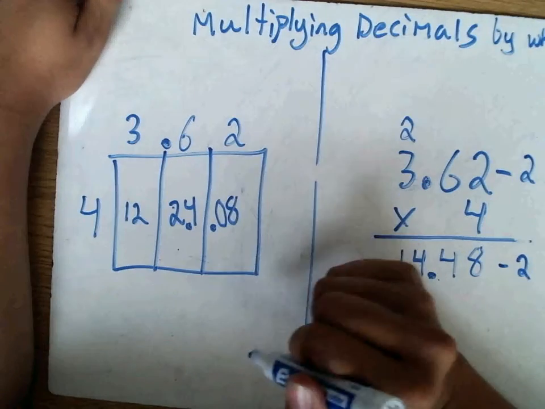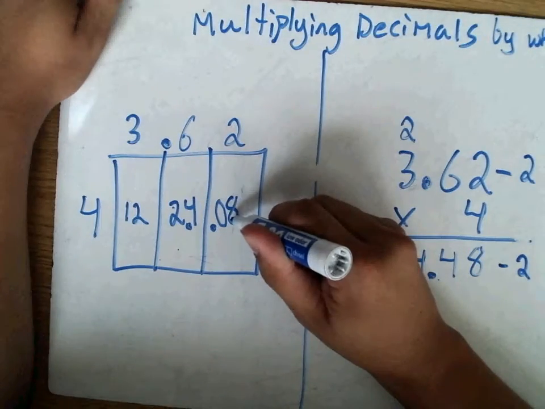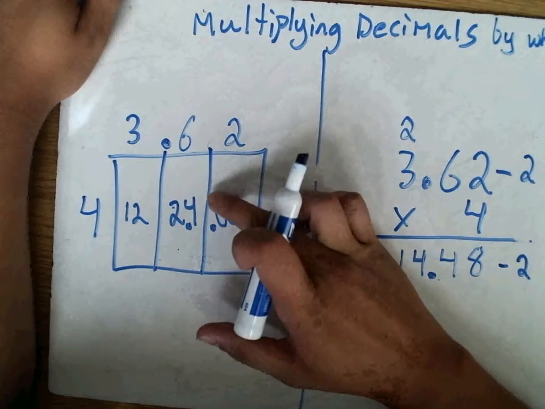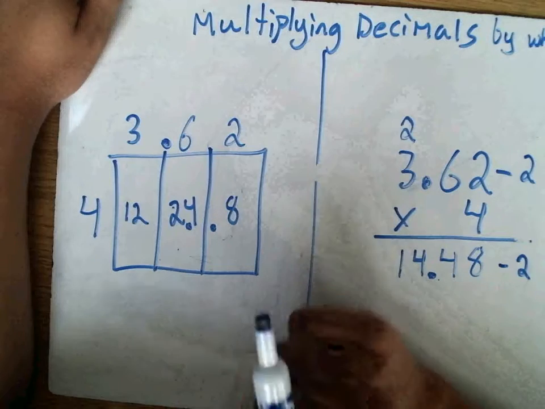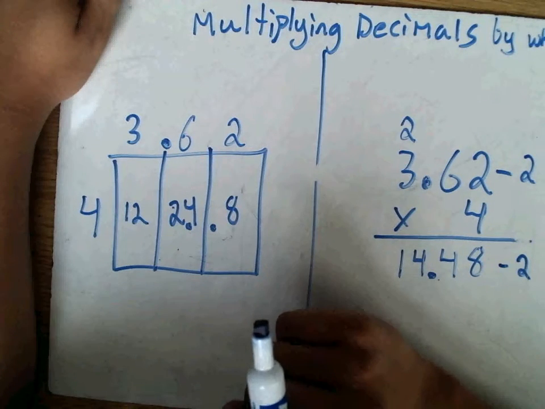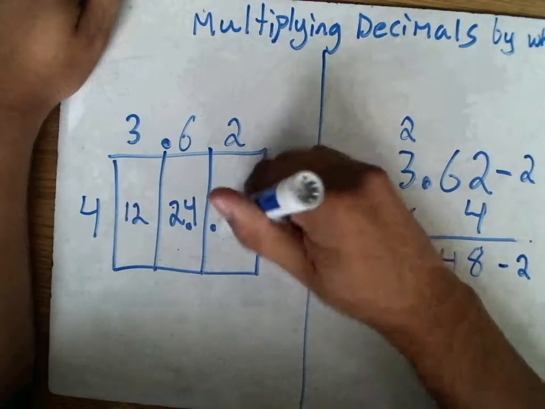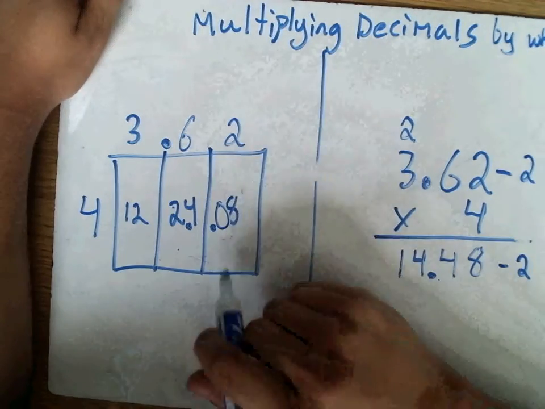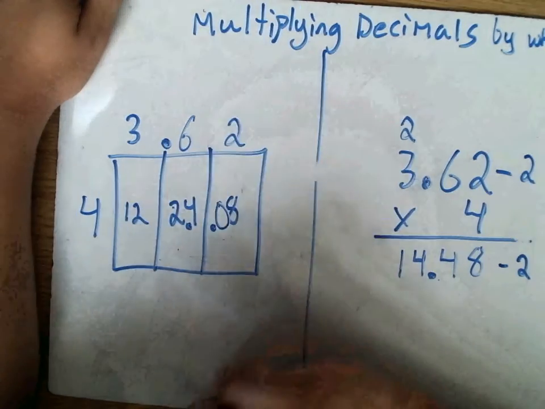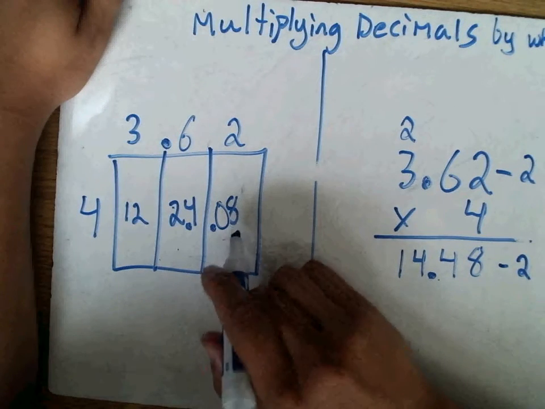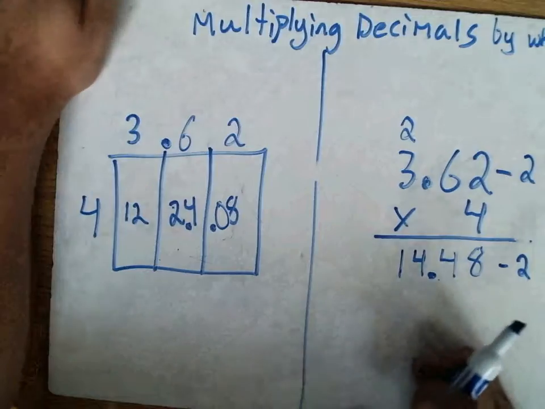So you've got a 0 in your tenths place and an 8 in your hundredths place. Now it's very important that they put that 0 there, because if you take it away, you have 8 tenths, which is going to give them the wrong answer, obviously, right? So make sure that you have that 0, and anytime you multiply a whole number times a hundredths place, you're going to end up with a product that goes to the hundredths place.